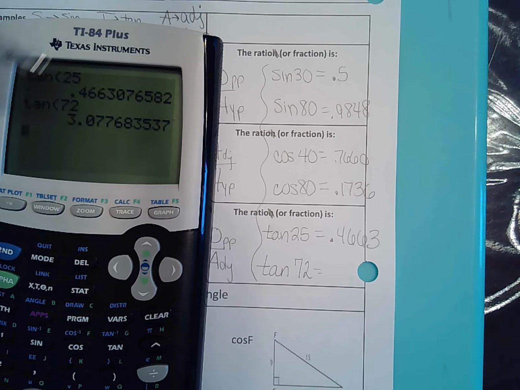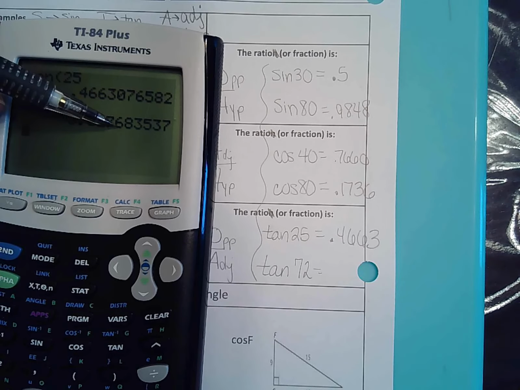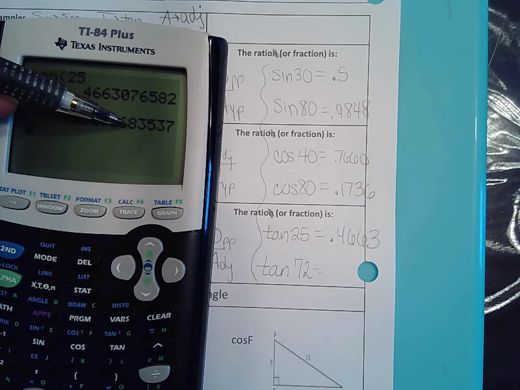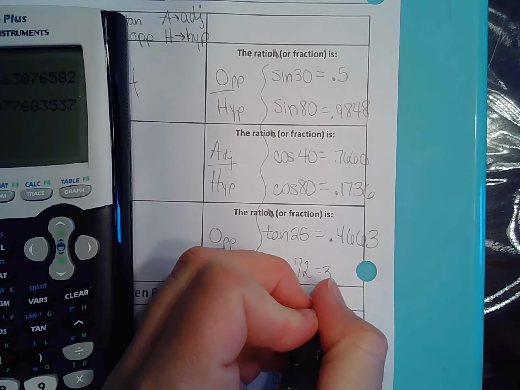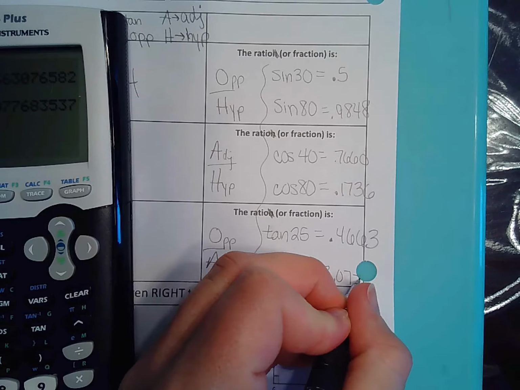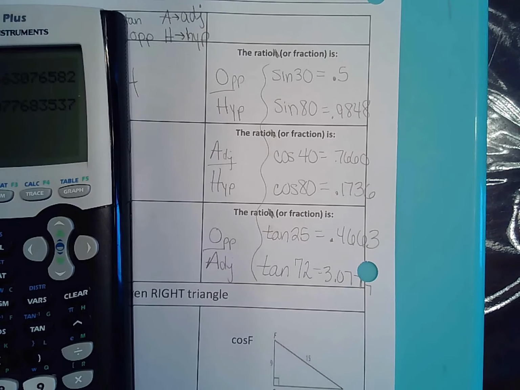Ooh, look at tangent of 72 degrees. 3.077. That 6 is going to be a new 7 because that 8 says go up. I'm doing 4 decimals. So 3.0777.